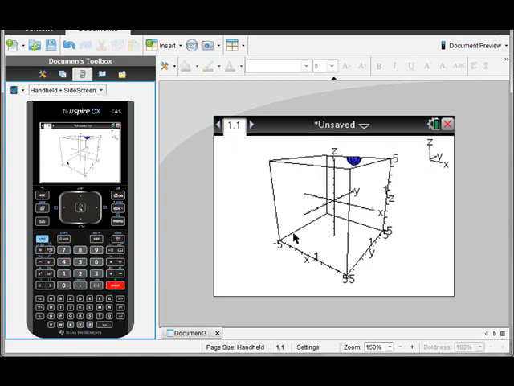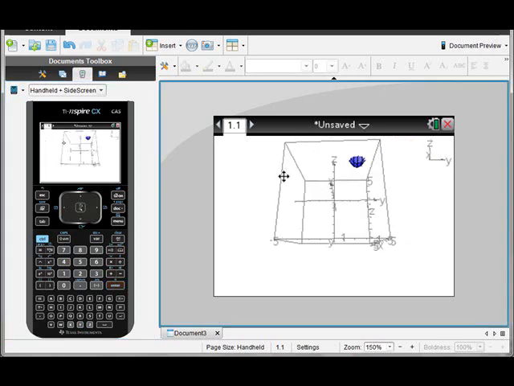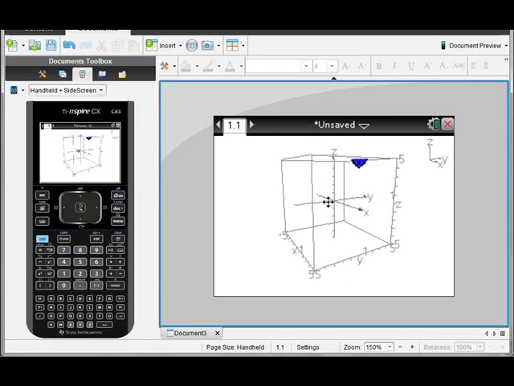And enter. Oh, that's really small. But anyway, look at the minimum. You see? It's right on top of there. Okay?